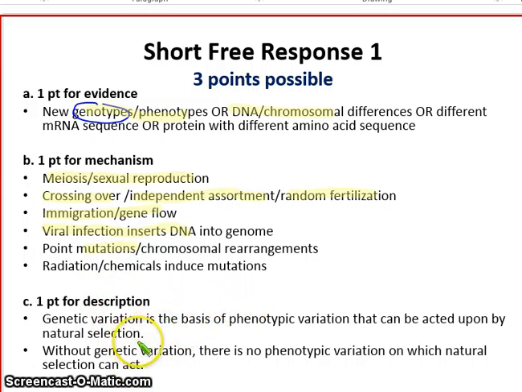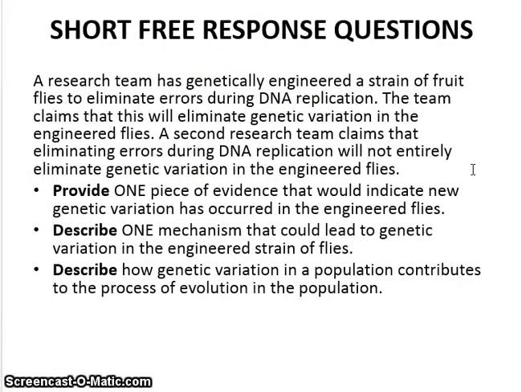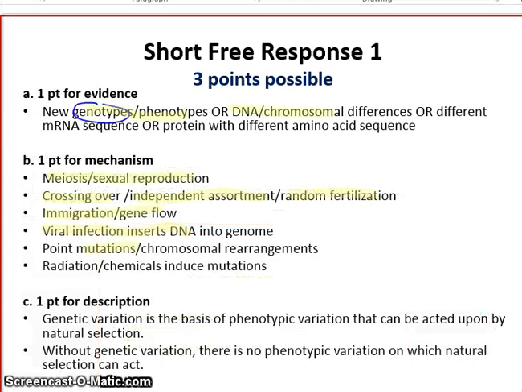And then for the last one, again, I have to go back really quickly to see what we're describing on this one. So if I go up again: how genetic variation contributes to the process of evolution. So we are looking at this idea that it's the basis of phenotypic variation, the changing of phenotypes.